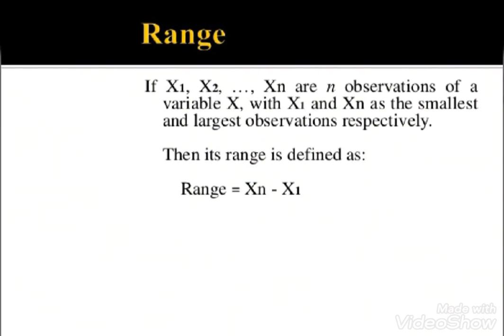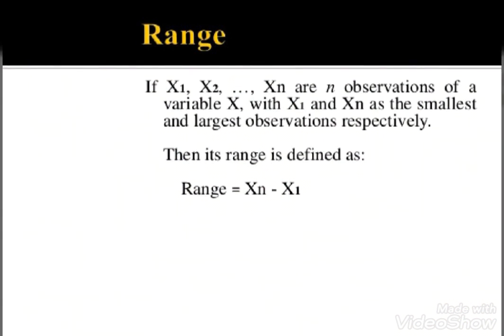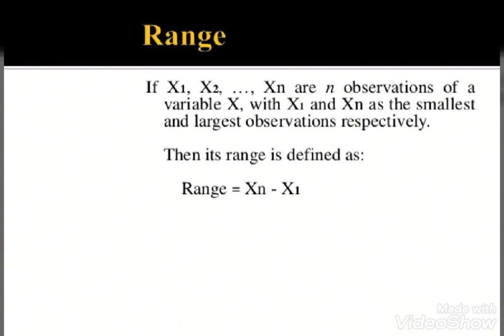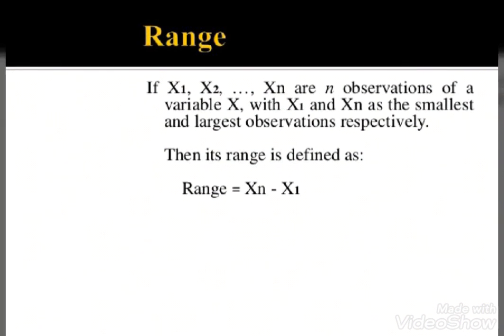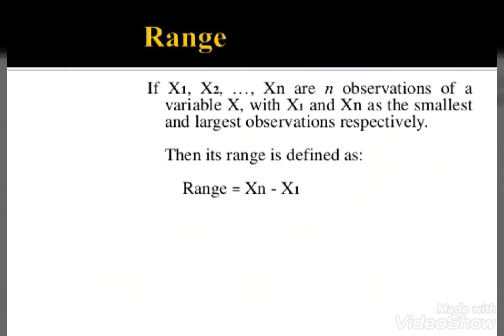For example, you have taken 10 toffees and the cost of 10 toffees is 30 rupees, and if you have to find the cost of one toffee, you are going to divide the amount 30 by 10 to find the cost of 1. Similarly here, to find the distance, you subtract the smallest from the largest, and that is the range.